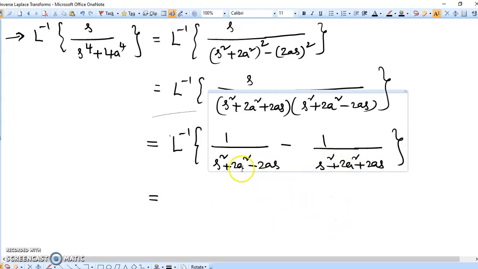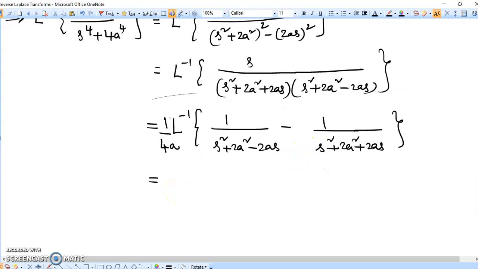So that I have s square plus 2a square minus 2as into s square plus 2a square plus 2as, and here s square plus 2a square plus 2as, this is minus of, so we'll get 4as. Okay, and s will remain in the numerator, and additionally a 4a term will get in the numerator. So to cancel that, I will multiply and divide with 4a. So 1 by 4a times L inverse of this. This is what will remain when I find the inverse Laplace transform.